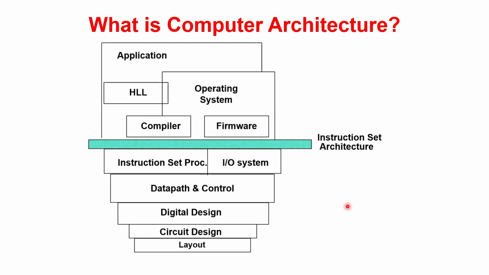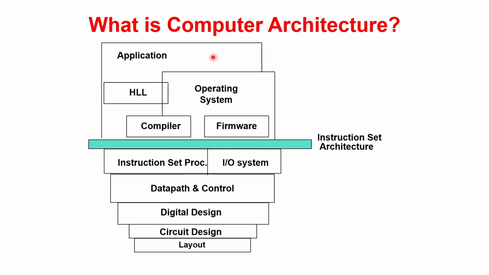Now coming to the computer architecture. This slide shows where computer architecture fits within the complete computer stack. At the very top, we have the application, which is what the user interacts with directly. Like now, as you are listening and watching this lecture, you might be using it in iTalim or YouTube.